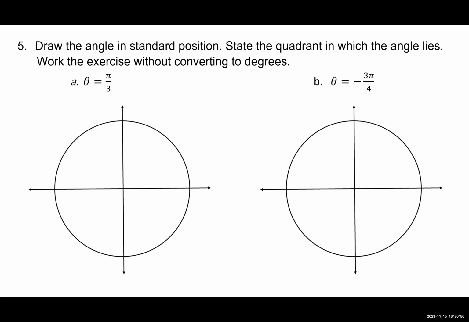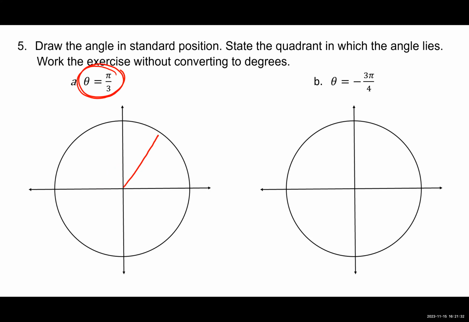Okay, so let's think this one through. We know this: half of a circle is an angle of pi. A full circle is 2 pi. A half circle is pi. It's very important. So we don't have pi, we have pi over 3.